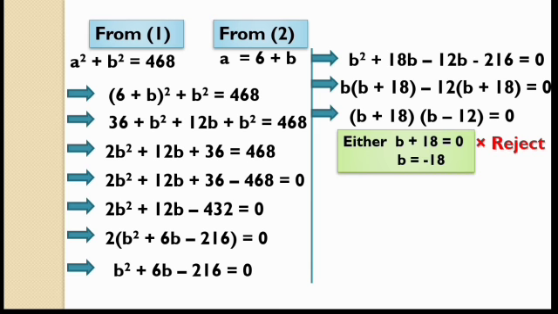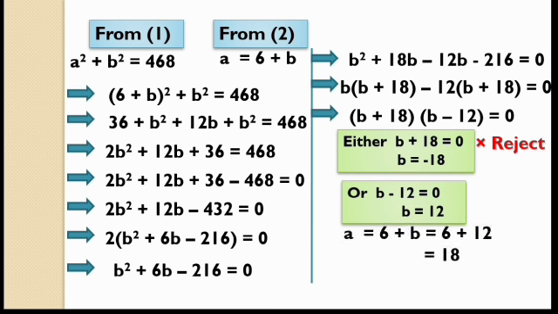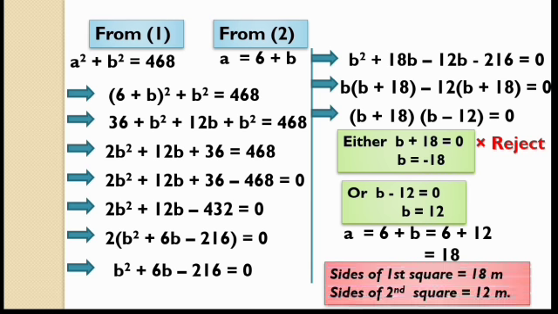We will reject this answer because side cannot be negative. Or B minus 12 equals 0, we will get B equal 12. And if B equal 12, then A equal 6 plus B, 6 plus 12, which is equal to 18. So the side of the first square is 18 meter and the side of the second square is 12 meter.